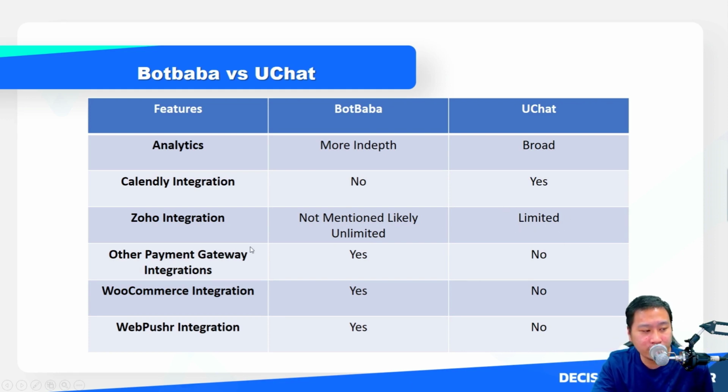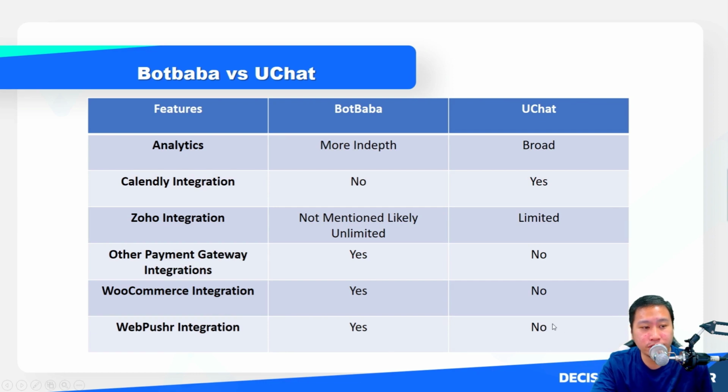For other payment integrations, Botbaba has a lot of payment gateway integrations like Razorpay, PayU, and a bunch of stuff, right? For UChat, no. For WooCommerce integration, Botbaba has that. UChat doesn't. Web pusher integration is actually push notifications, so you can trigger push notifications with Botbaba.